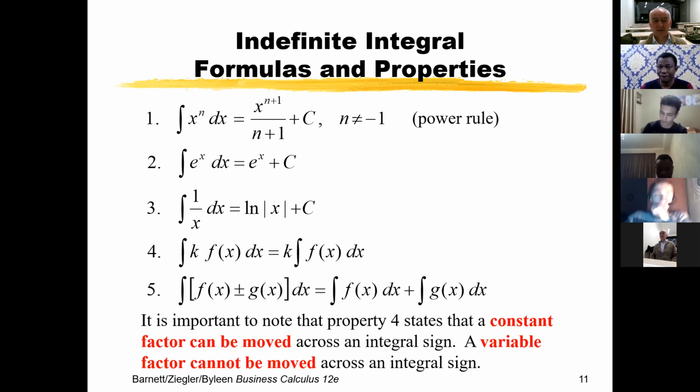Unfortunately, we have no formula for the integral of a product of functions. That's why we have to use different techniques to find integrals when we have a product or a quotient of functions.